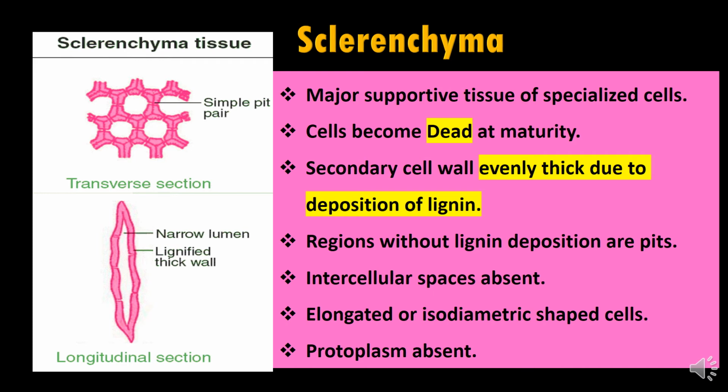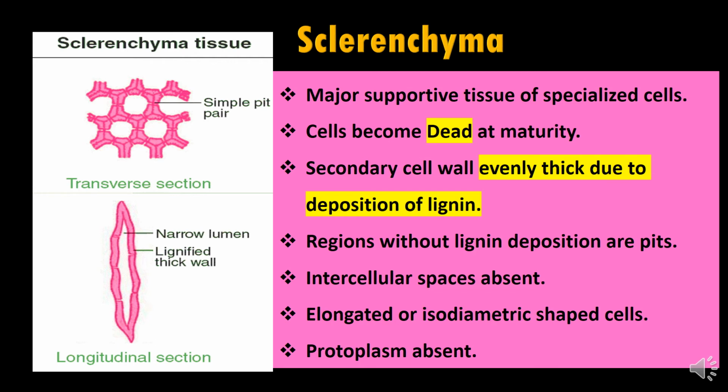So this lignified cell wall provides a kind of even thickening on the primary cell walls, and due to impermeability of this lignified cell wall, the cells become dead. And as you can see in the diagram, there are certain specific regions where lignin depositions are absent.